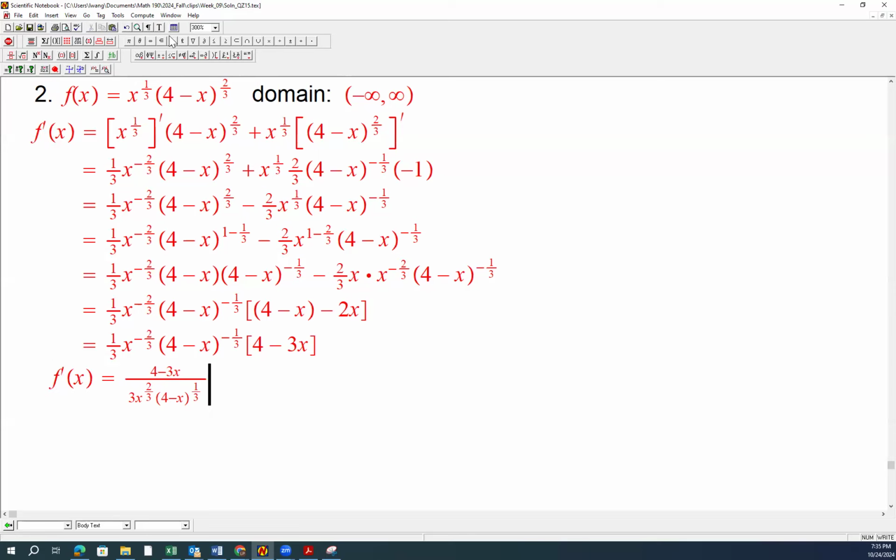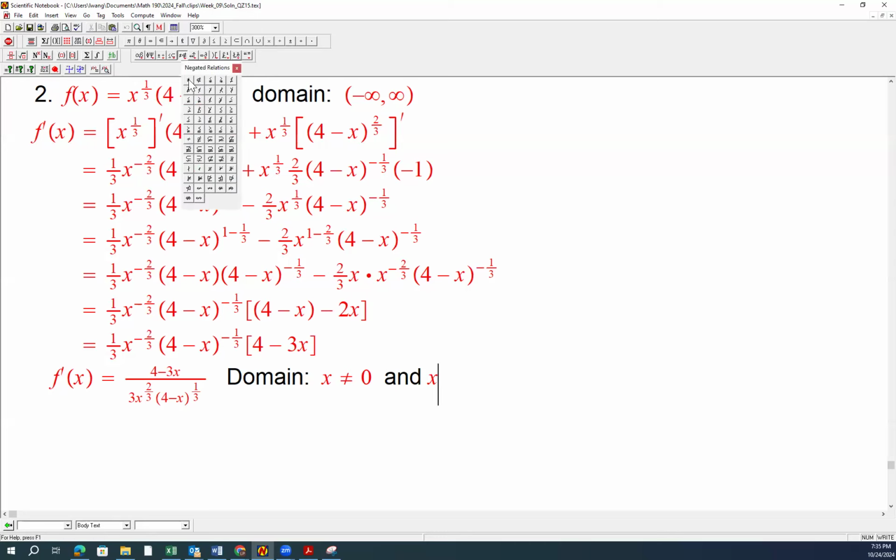Okay, so what's the domain for the derivative? Well, we must guarantee the denominator cannot be 0, right? So x cannot be 0, and x cannot be 4. Okay?